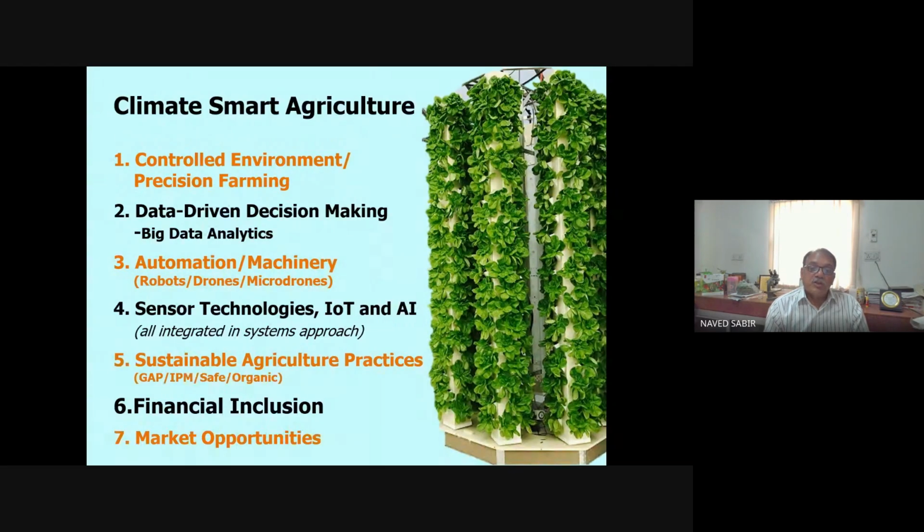For example, you see in the advanced households these days, there are refrigerators which are connected with your mobile. And if, for example, the juice is finished in the refrigerator, it will send a message to the local departmental store that please send the juice, it is finished, or please send the curd, or please send the milk.